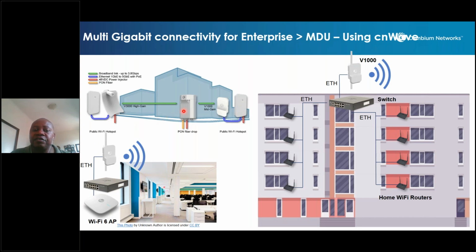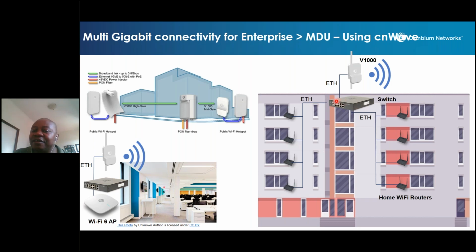Then you drop a V1000 or a V3000 on the multi-dwelling premises. So here you go: the V1000 receiving the signal from a V5000 in a point to multi-point, and then connected to a switch, a Cambium cnMatrix switch, which is also monitored by cnMaestro.